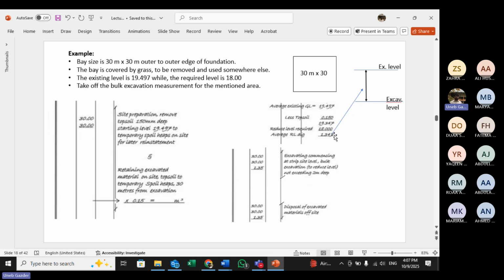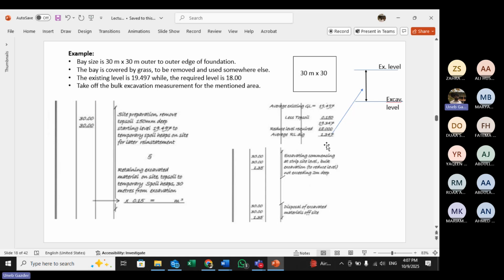Anyways, so after topsoil removal, this level, we require this level. The difference between them is the height of the excavation. And as I mentioned, the difference will be taken at the point where it is maximum.